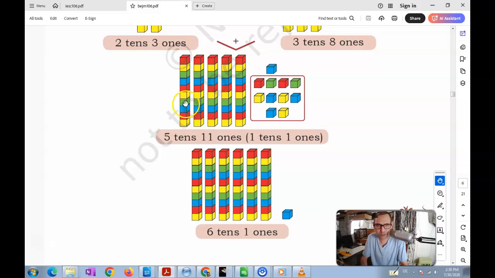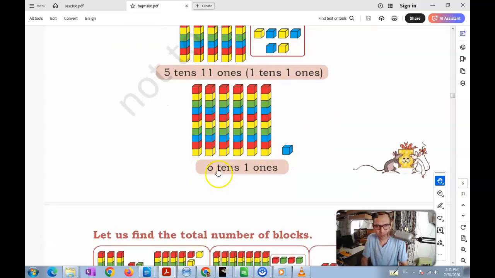So now instead of 5 groups of 10, I have 6 groups of 10 and just one of these ones. Then you can count: 6 groups of 10 and one group of 1, so that's 61.